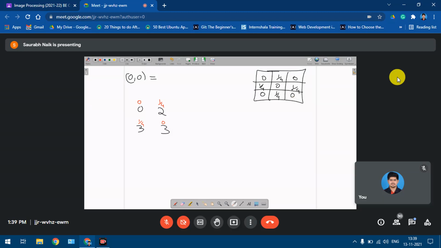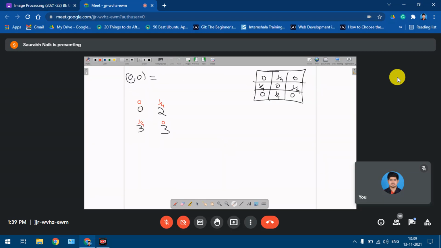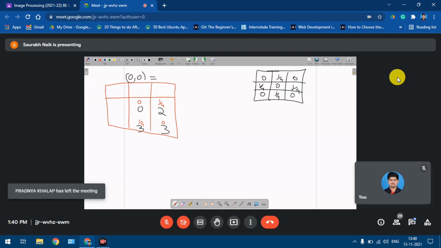So in this particular case, since this is actually the corner pixel, when I try to place this convolution kernel over here, my other convolution kernel values are actually going to come something like this. So my convolution kernel in red will come something like this, wherein I have the values this way.